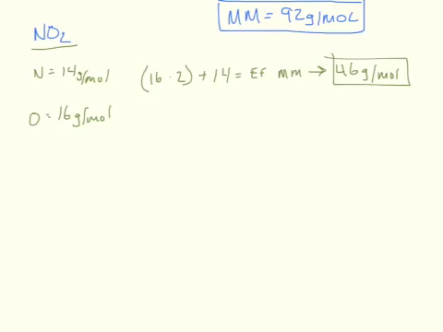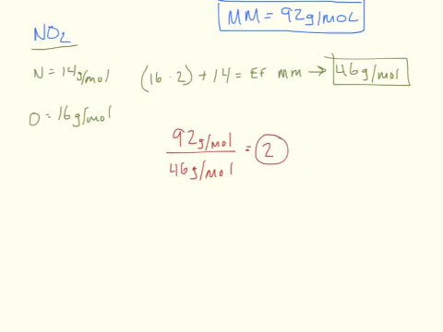Alright, so now the molecular formula's mass is 92 grams per mole. Our empirical formula's molar mass is 46 grams per mole. We divide 92 by 46. It's going to give us 2.